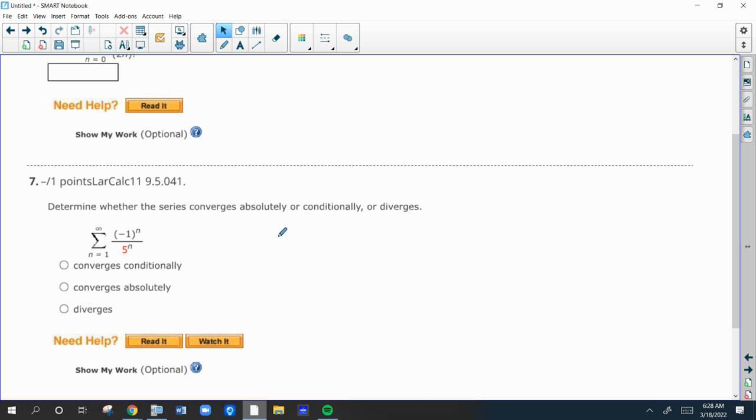So let's check the series 1 over 5 to the n. Well, the series 1 over 5 to the n is a geometric series that converges. So the absolute value of this series converges, and that means it converges absolutely.